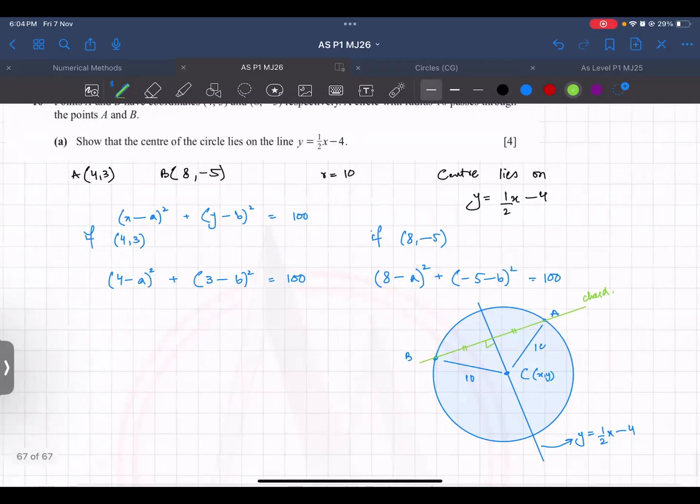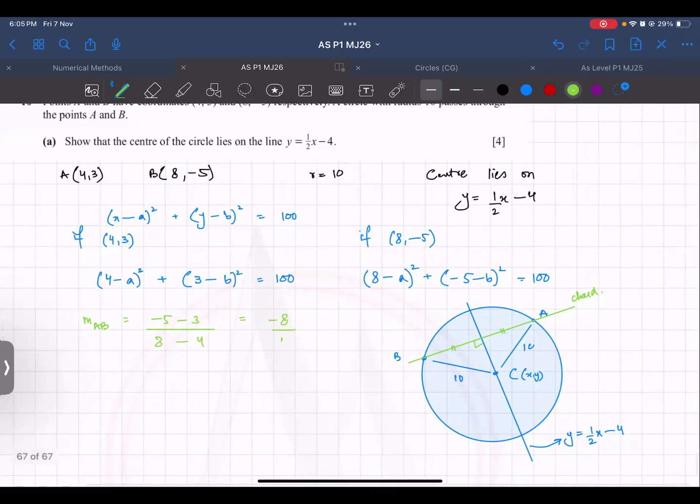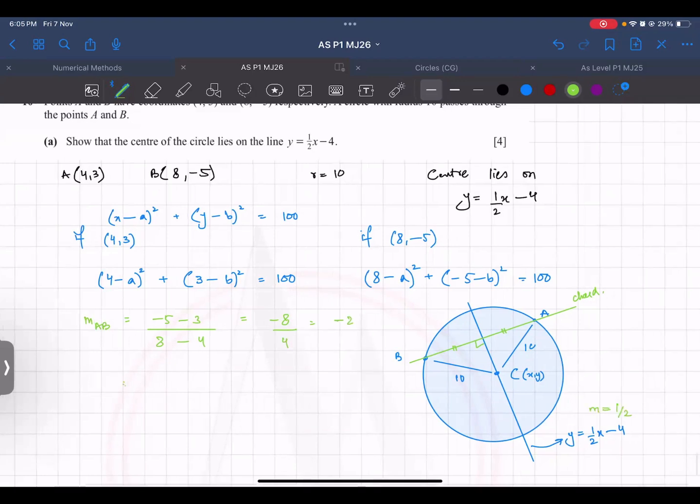The gradient of AB is (-5 - 3) upon (8 - 4), so -8 upon 4, which will be -2. And we can see the gradient of this line is half. So the gradient of the line multiplied by the gradient of AB is -1, isn't it? Half multiplied by -2 gives me -1. So this means that they both are perpendicular.